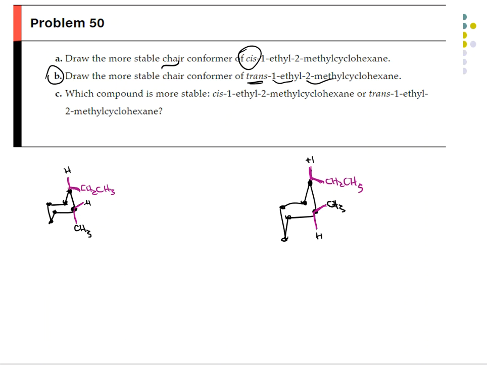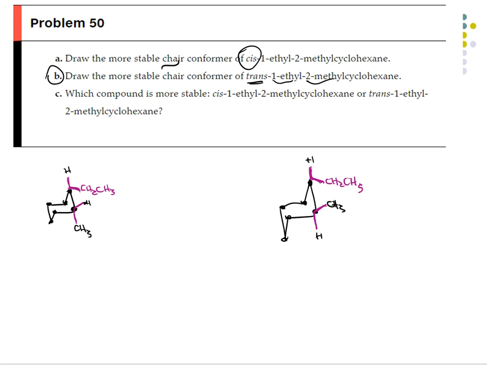And if you want to leave both of them on there, no big deal. But you have to put hydrogens there. Otherwise, someone would assume that this ending stops, and that ending would represent a carbon, because that's what skeletal structures mean. And you just got to be careful, right? So if you're going to leave both of them, at least draw the hydrogens on there, so that way you can kind of tell which one's which.